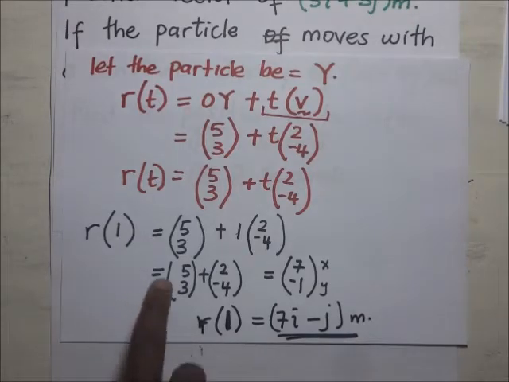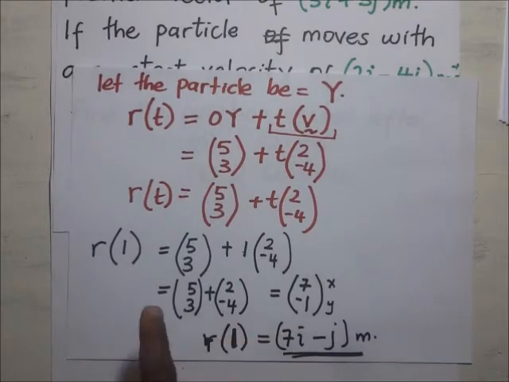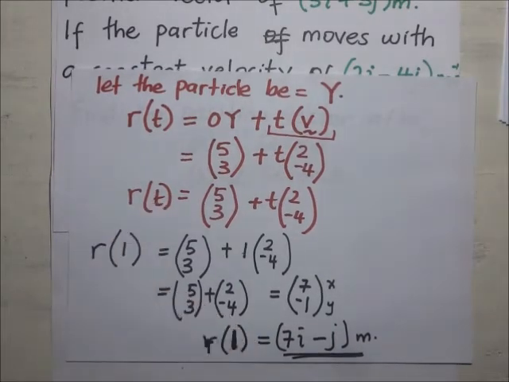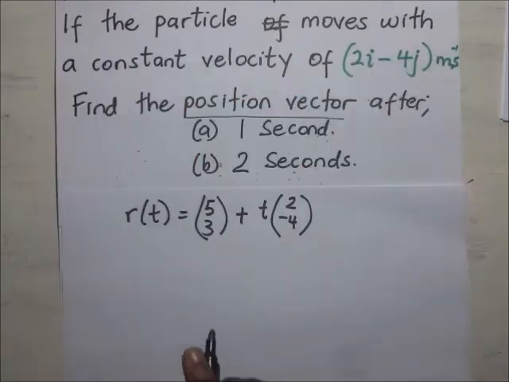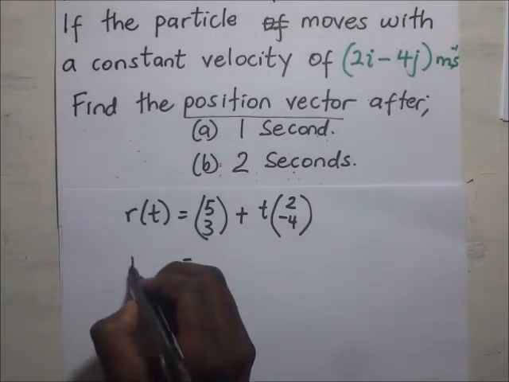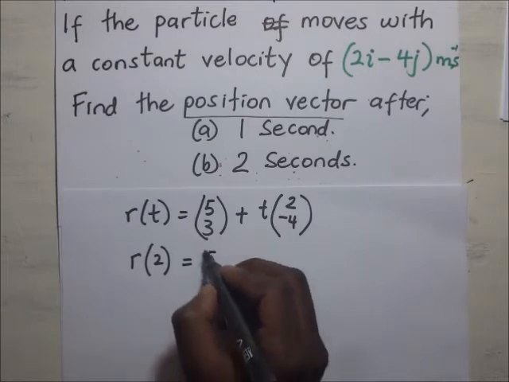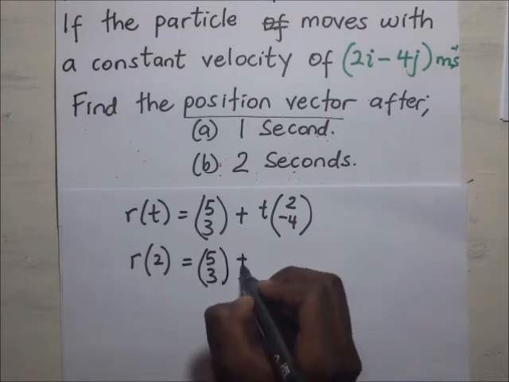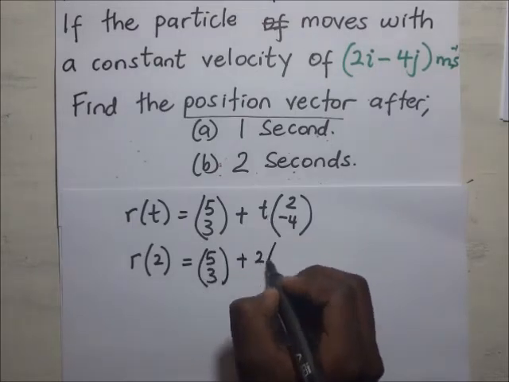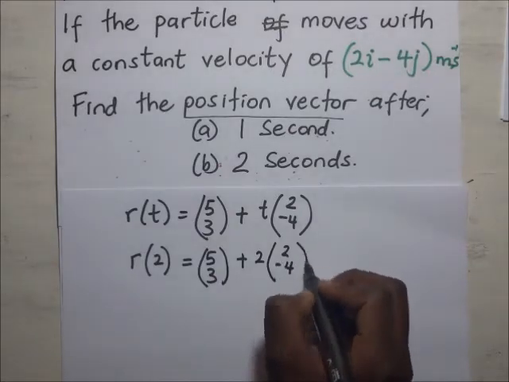So now to find the position vector after 2 seconds, we are still going to substitute the value of t. We're just going to put the number 2 there. So r of 2 is going to be equal to (5, 3) plus 2 times (2, -4).